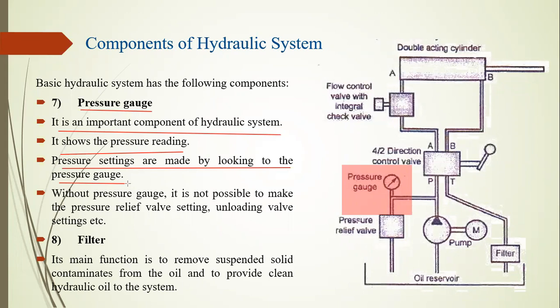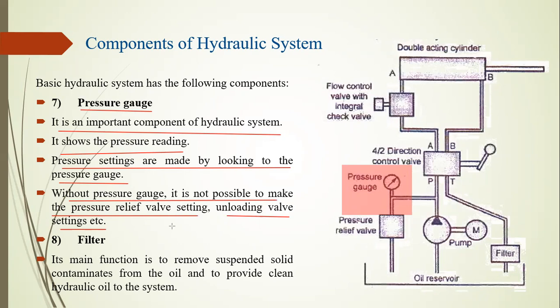We attach the pressure gauge to indicate the pressure. Without a pressure gauge, it is not possible to make the pressure relief valve setting or the unloading valve setting, because you don't know the pressure inside the hydraulic line. So we cannot set the pressure relief valve.